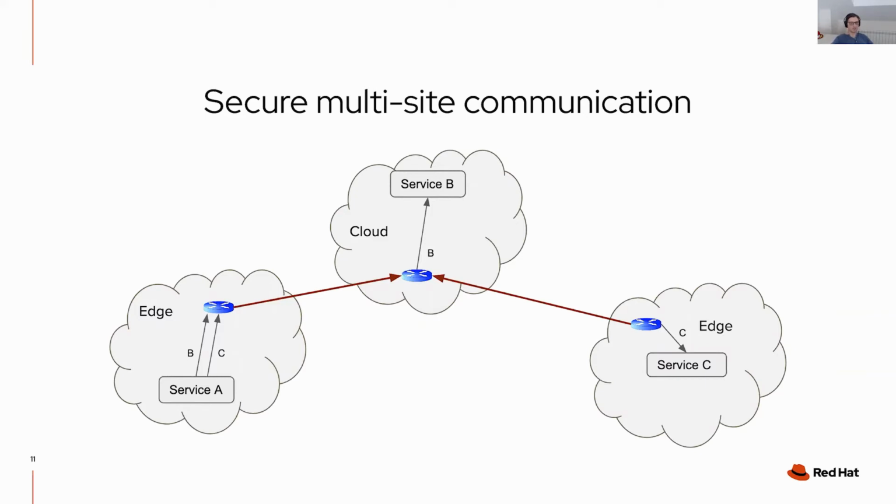But then once we have this notion of the physical connection between the edges and the cloud established, we want to have some kind of overlay communication network where we can easily address services running in these locations, completely unaware of the network topology and without any need for VPNs or technologies like those, which keeps these solutions much simpler in reality.